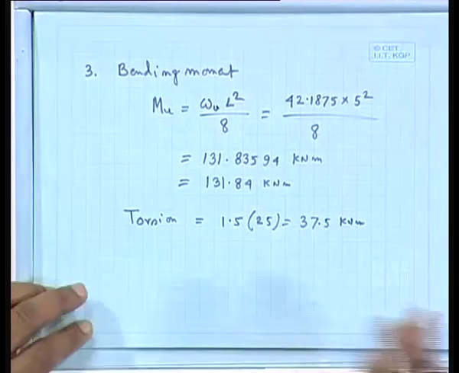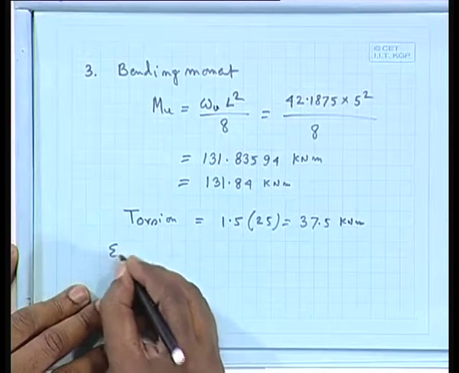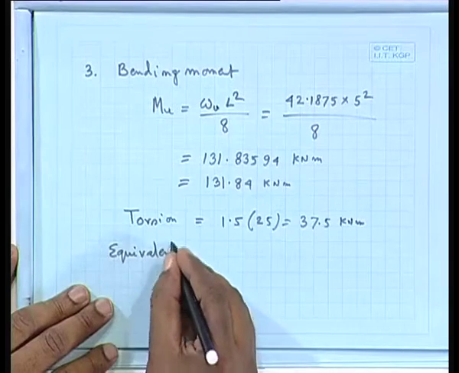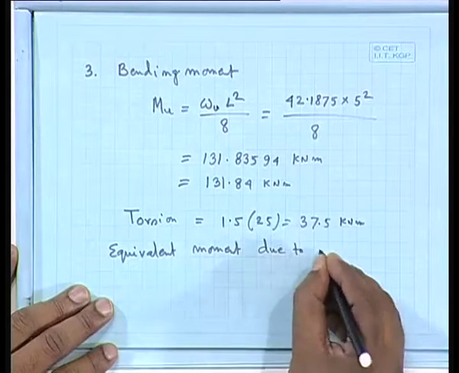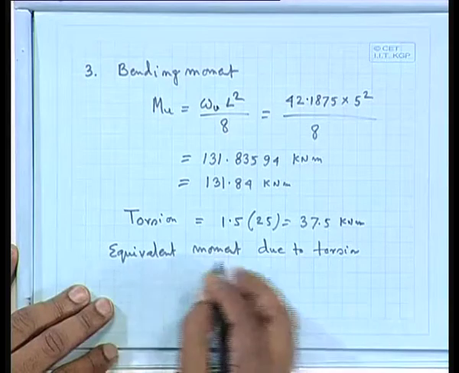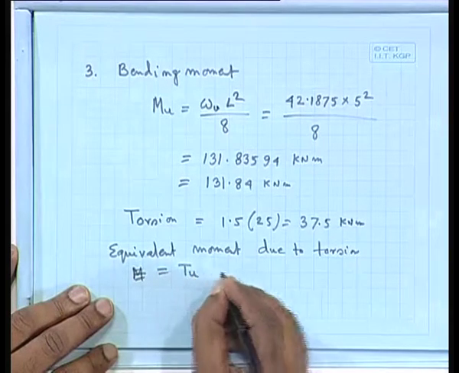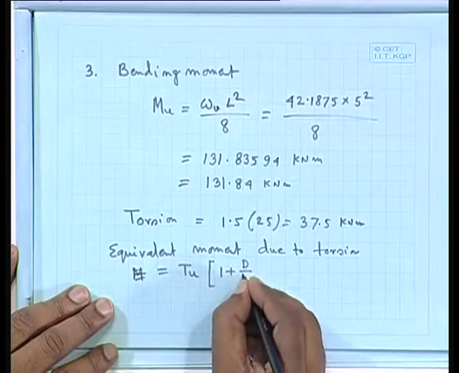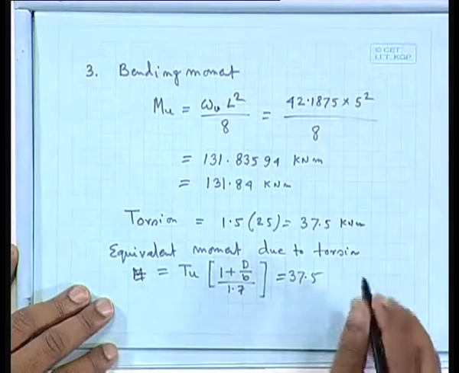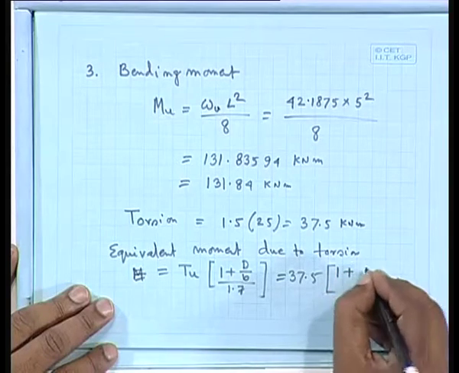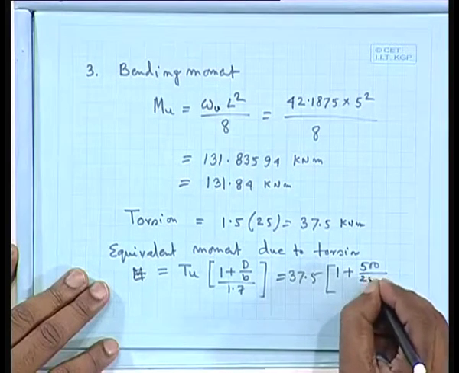So we can find out the equivalent moment due to torsion, equal to TU times 1 plus D by B divided by 1.7, equal to 37.5 times 1 plus D, we have taken 500, B we have taken 250.